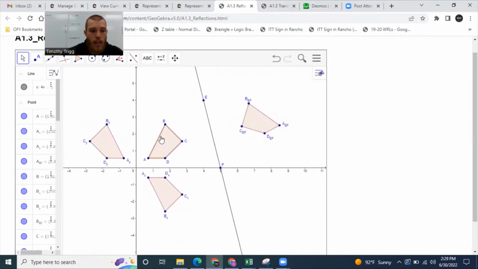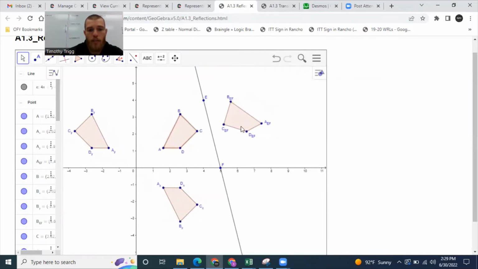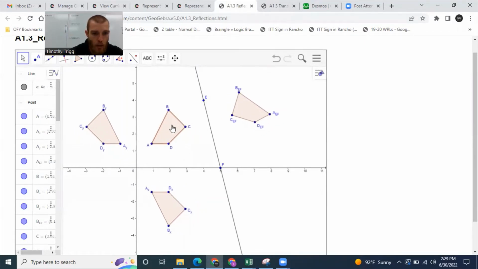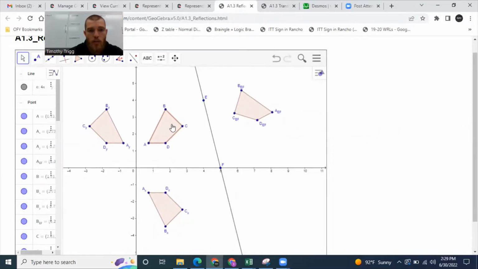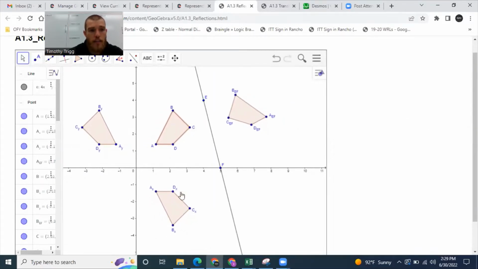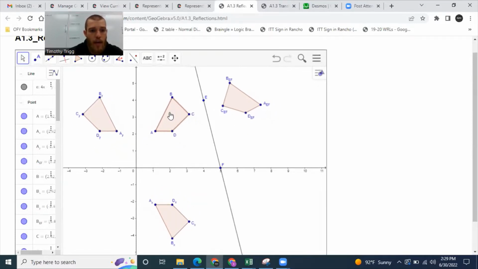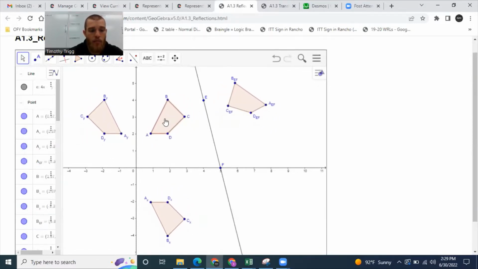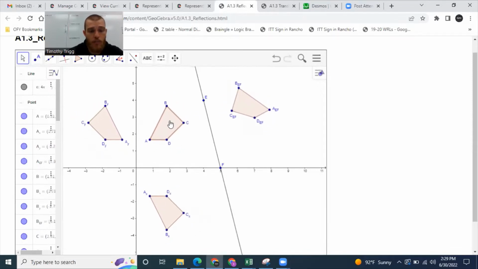But notice that when I move this one, all of these reflected ones move as well. Also, each of these images is a reflection of ABCD, a reflection of this pre-image.